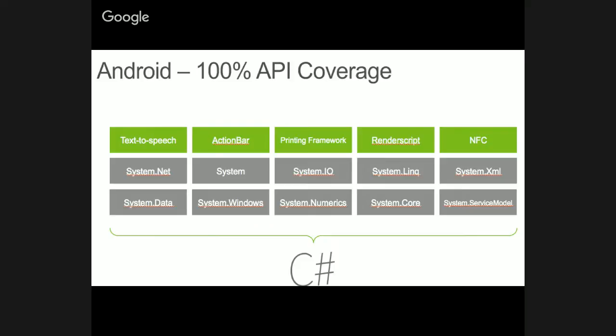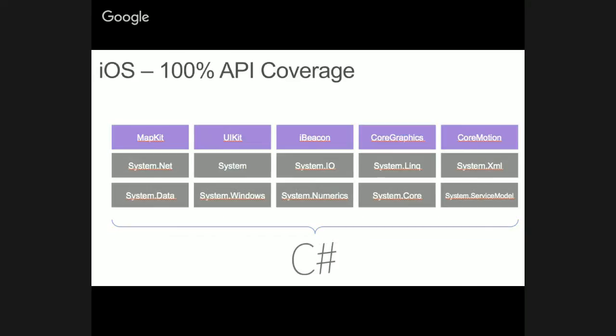Do you happen to know what C# version Mono is caught up with? Maybe 5, or at least 4.5, because you can use LINQ, generics, async and await, if you guys are familiar with that as well. Same thing, 100% API coverage on iOS.